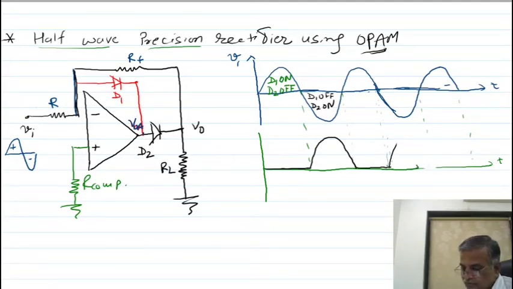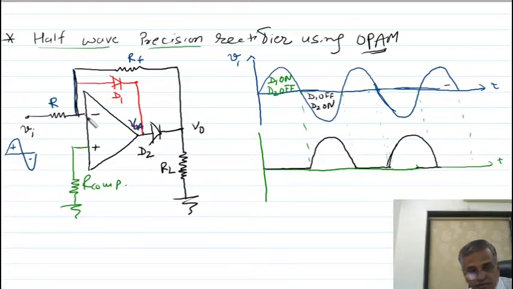So, this is called a half wave precision rectifier. In this way, this circuit will work. The slew rate of the op-amp should be very large.